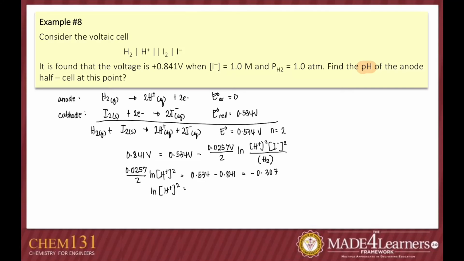That would give us an answer of negative 6140 divided by 257. And then we eliminate the logarithmic na form. So that gives us e to the power of negative 6140 over 257. And then we solve for the hydrogen ion concentration by extracting the square root.